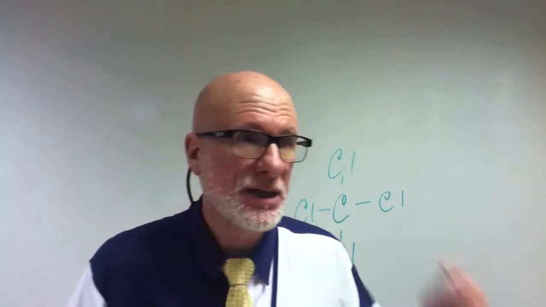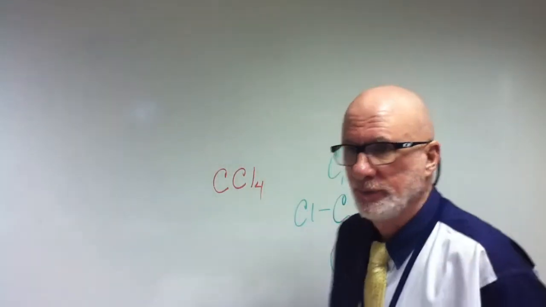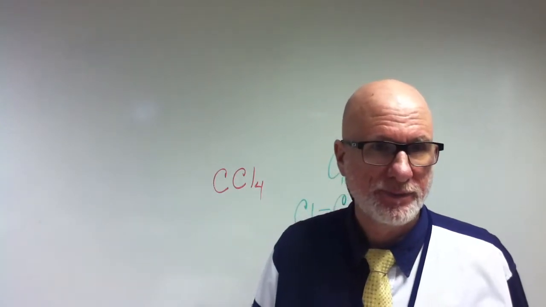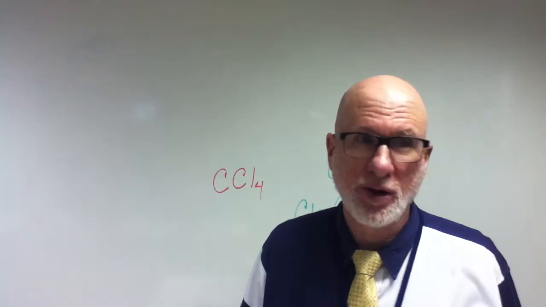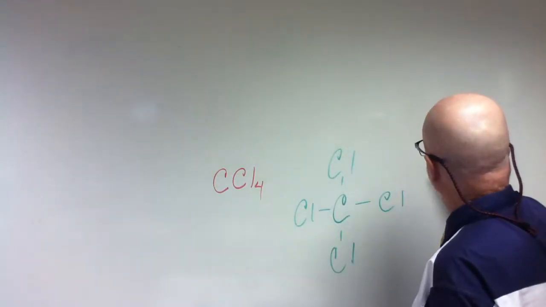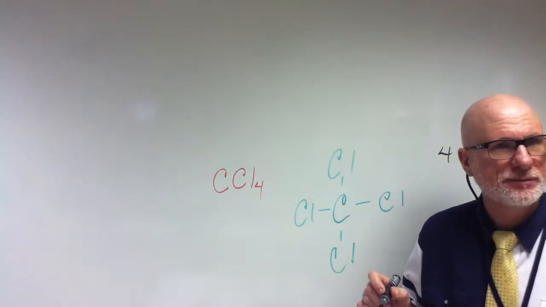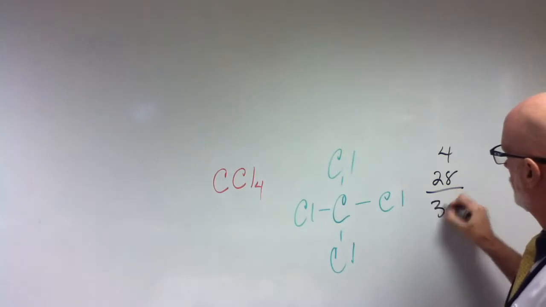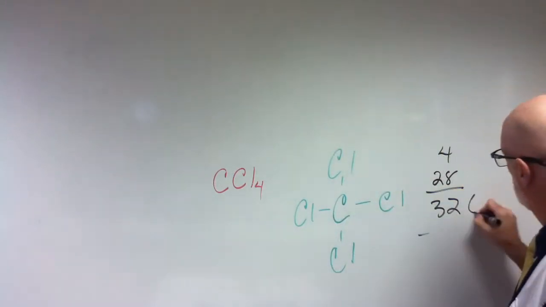Remember, the valence electrons are the S and Ps. 4, thank you. And each chlorine has how many? 7, good. So that's 28, 32. That's the total valence.